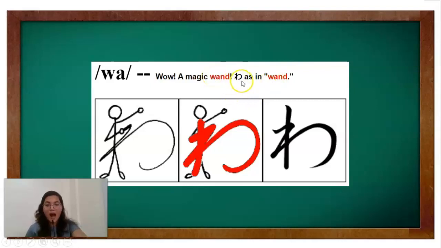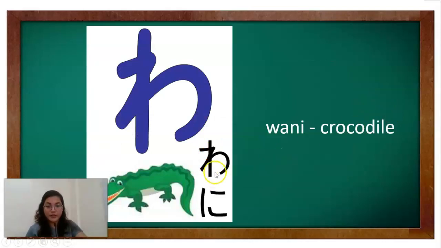Wa as in wand. Here's an example word that starts with wa. Wani. Wani means crocodile.